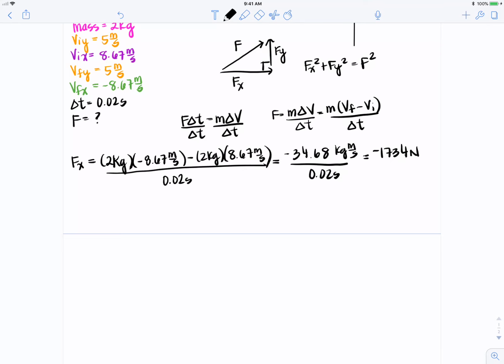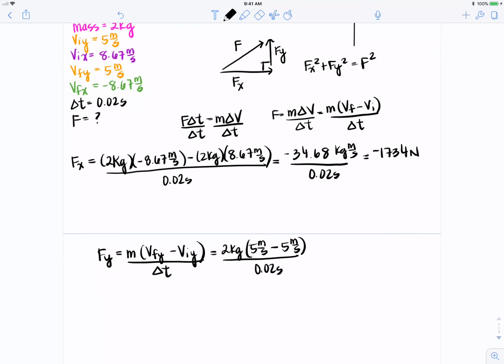Now let's look at average force in the y direction. Again, writing out the full equation, F sub y is going to equal m times VFY minus VIY over delta t. Plugging in our values, we get 2 kilograms times VFY, which is 5 meters per second, minus VIY, which is positive 5 meters per second, all over 0.02 seconds.